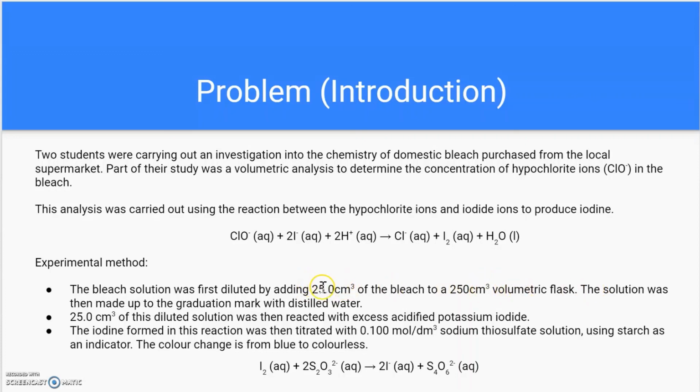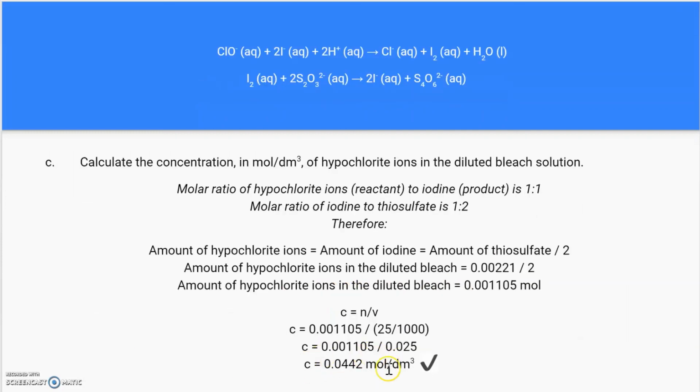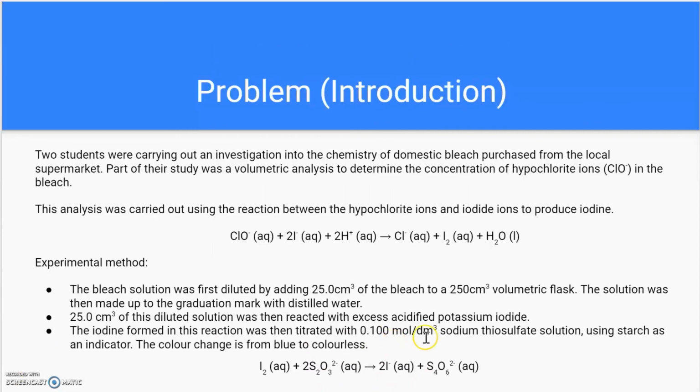All the rest that is not that 25 centimeters cubed of bleach is distilled water. So, the concentration that we have calculated right here of those hypochlorite ions in the solution is 10 times less than what it actually is, because it's been diluted 10 times in that solution.